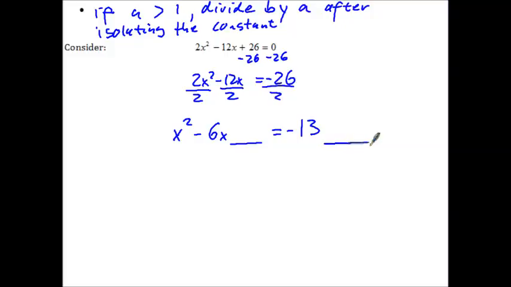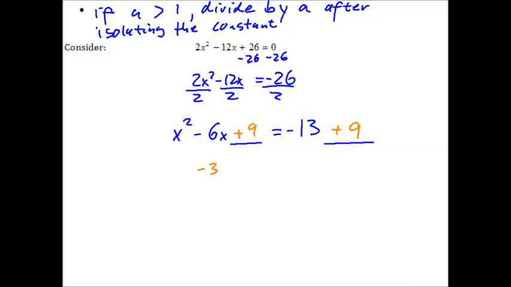And as you can tell, I have already left room here for our quantity b divided by 2 squared, which we now need to add. Negative 6 divided by 2 is negative 3, and that squared is 9. So we are adding 9 on both sides.